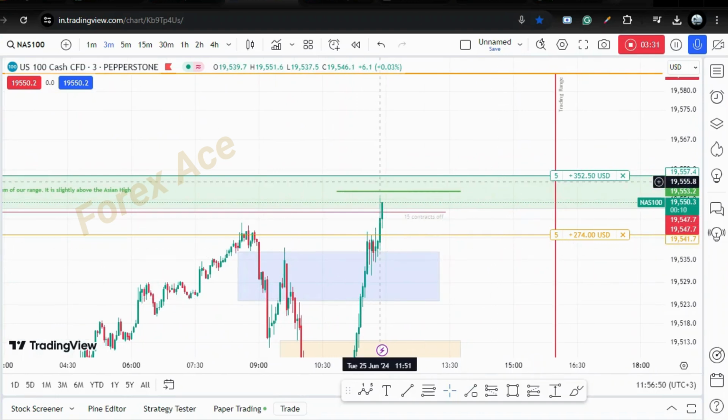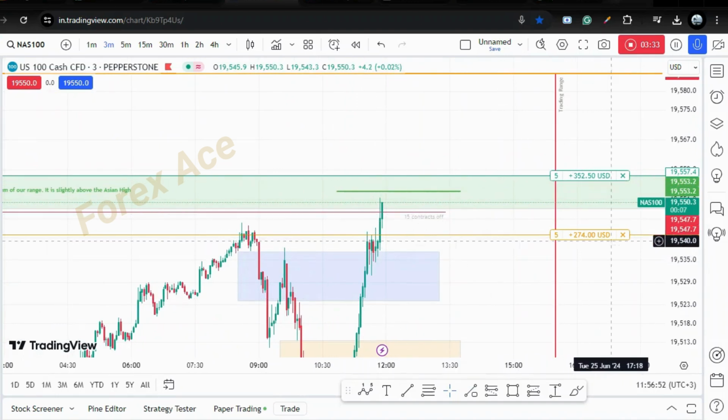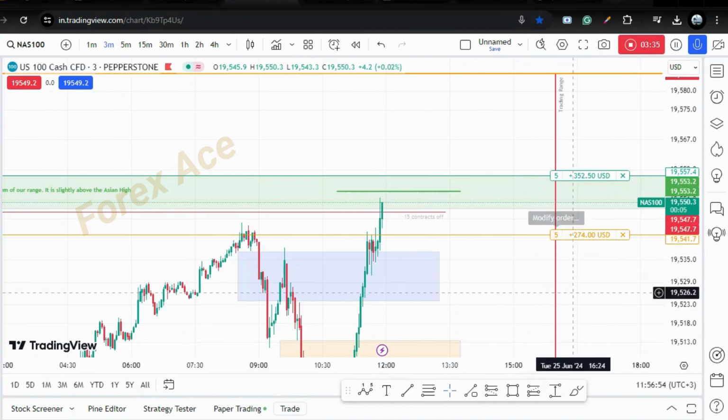So if I retrade to that area, I'm going to remove like three positions actually, not two positions.